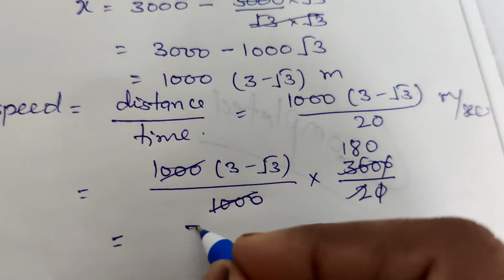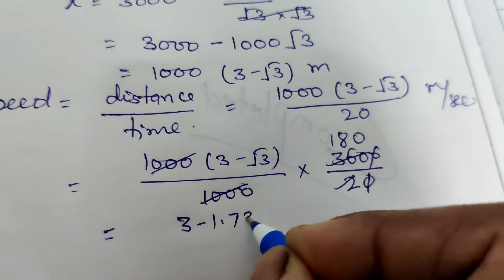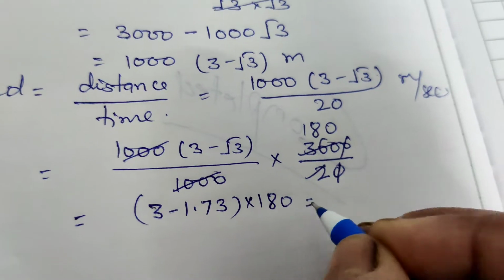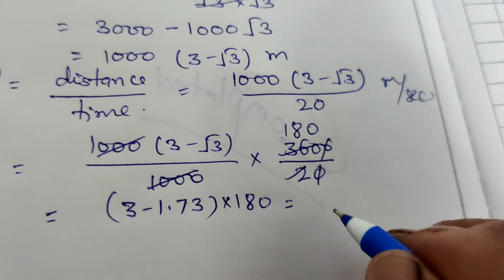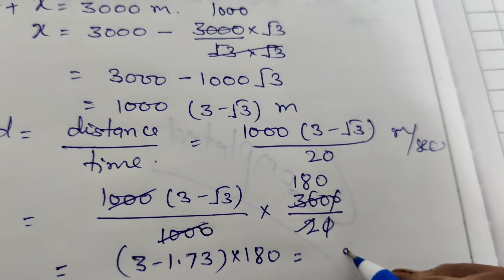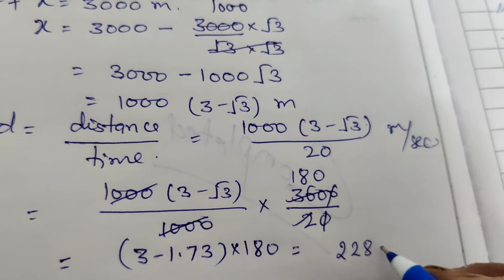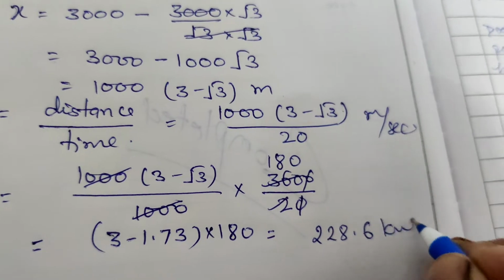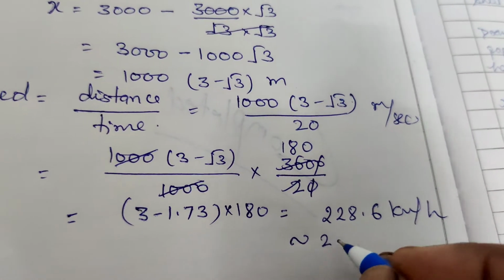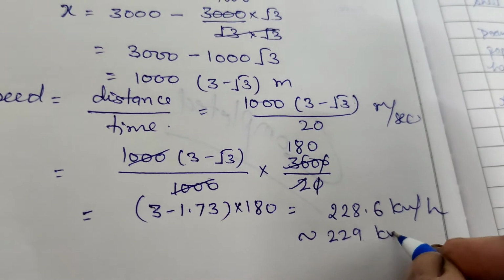So 3 minus 1.73, multiplied by 180, we get 228.6 kilometers per hour. Then the approximate speed is 229 kilometers per hour.